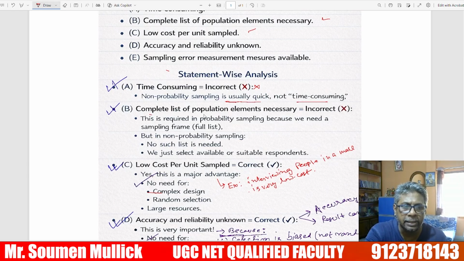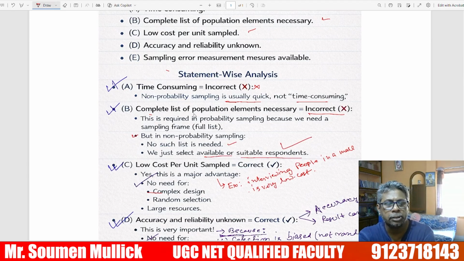B, complete list of population elements necessary. That is also incorrect. Why? In non-probability sampling, no such list is needed. We just select available or suitable respondents. So a complete list of population elements is not necessary. C, low cost per unit sample.